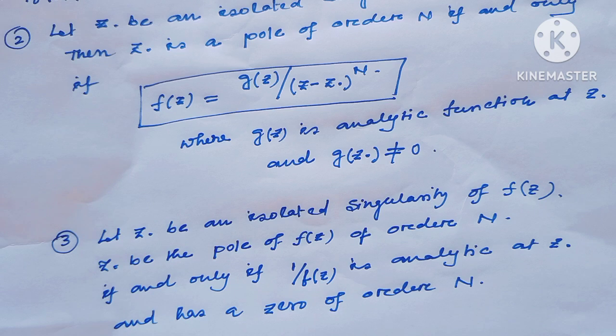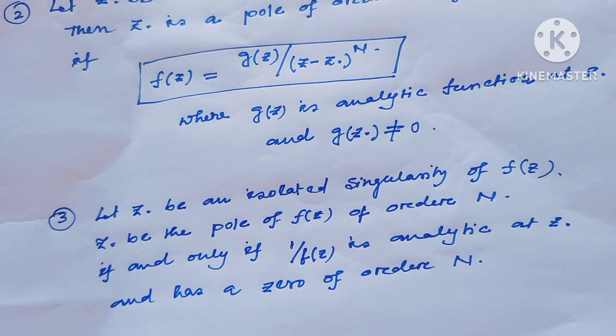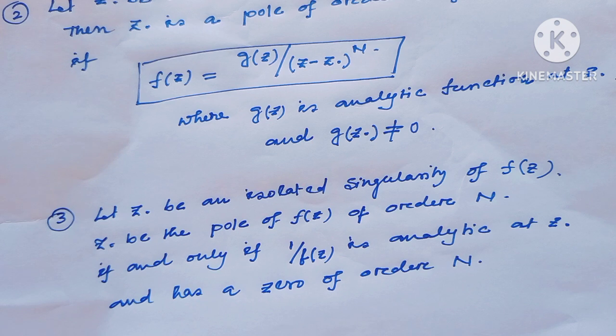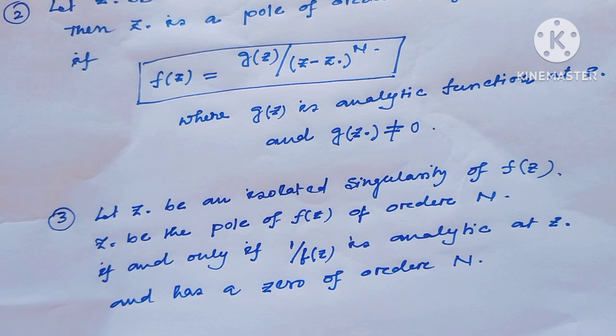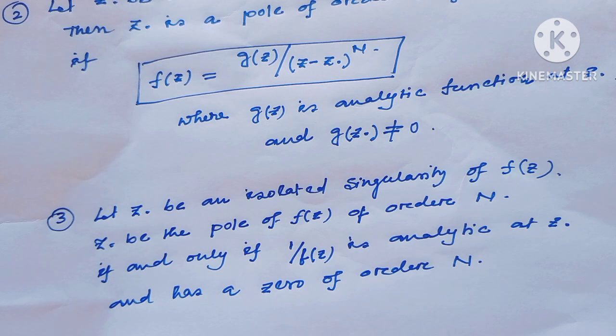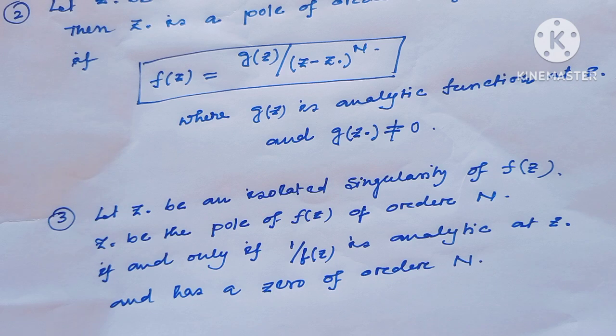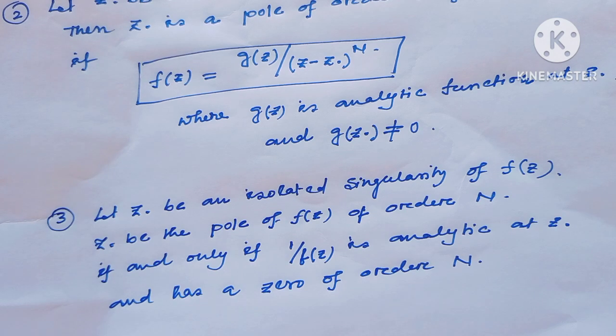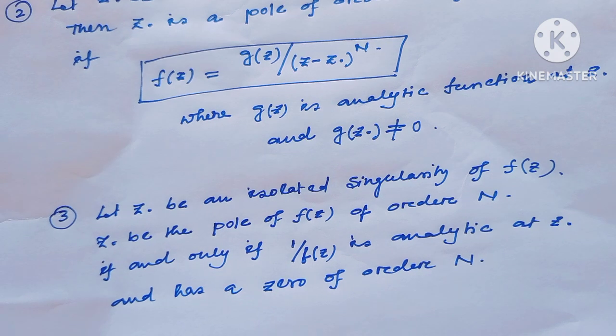Third, if z0 is an isolated singularity of function f(z), then z0 is a pole of f(z) of order n if and only if 1 over f(z) is analytic and has a zero of order n. That means if z0 is a pole of order n, then 1 over f(z) has a zero of order n.